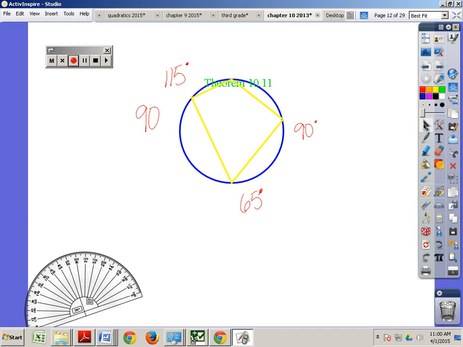And the last one is theorem 10.11. So here we have a quadrilateral inscribed in a circle, and it is inscribed in a circle if and only if the opposite angles are supplementary. So if you think about this is our inscribed angle here, and it's got the arc here.